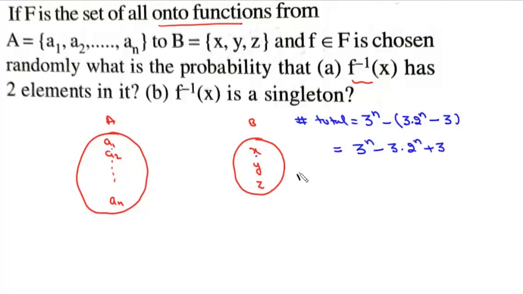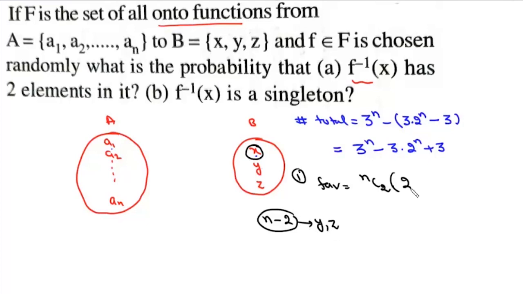Now for this first one, f inverse x has 2 elements in it. Now which 2? From these n, we can select any 2 in nC2 ways. Now these 2 are mapped to x. Now the remaining n minus 2 elements must be mapped to y and z, and it must be an onto function.